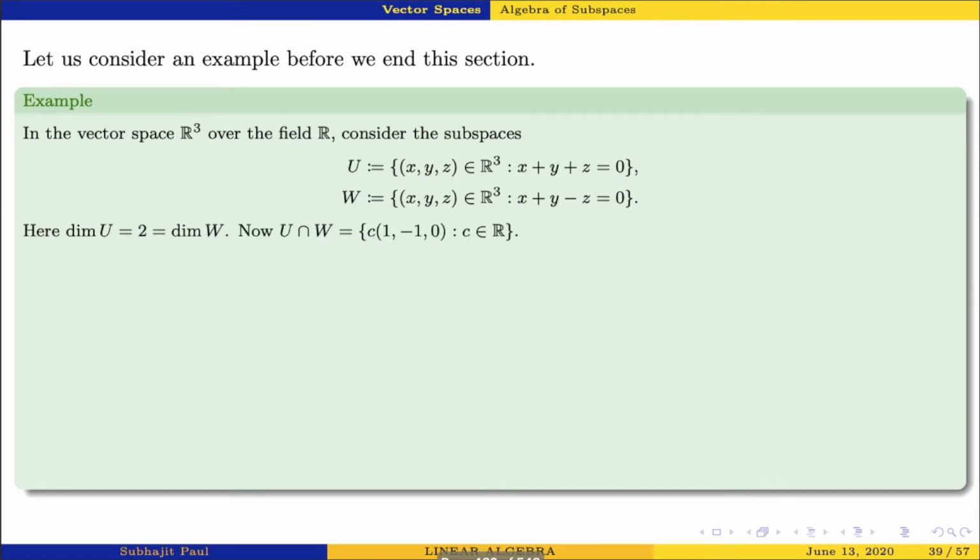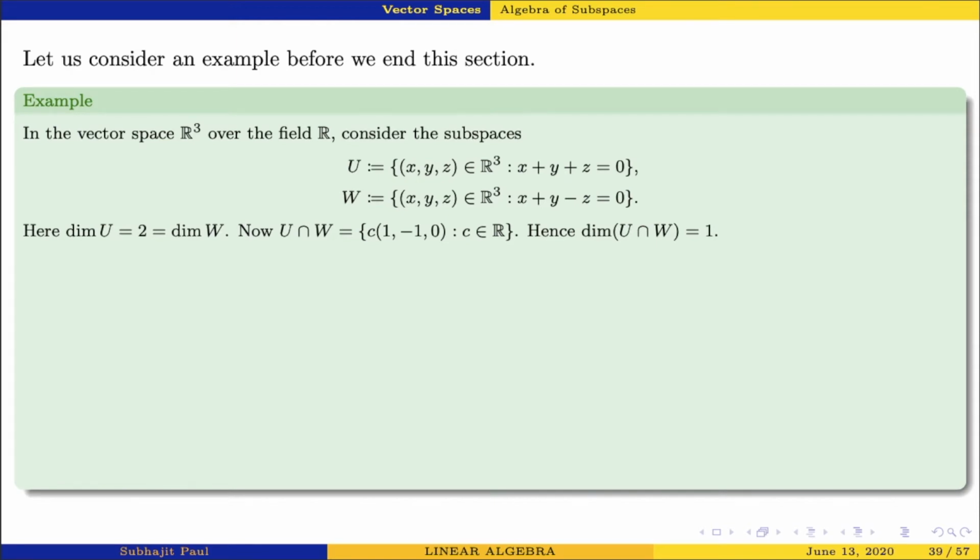Now U intersection W is this straight line passing through the origin and having the direction ratios 1, minus 1, 0. So this is the straight line c times (1, minus 1, 0), and c is varying over R. So this straight line is the intersection of U and W. Therefore dimension of U intersection W should be 1.